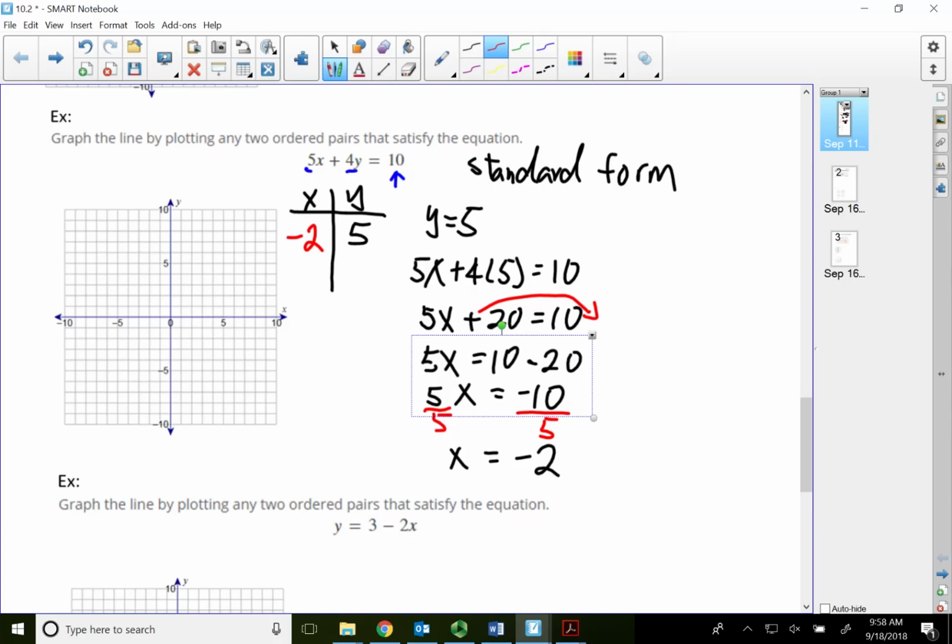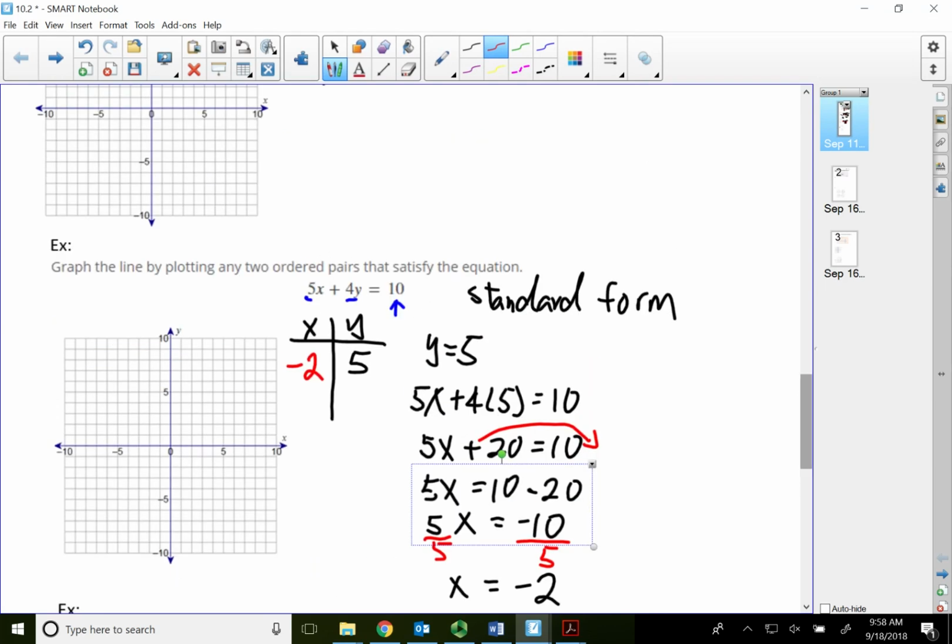All right, I need another number. Okay, Mr. Chen, what do I pick? Well, we know we've got to pick for y because the number in front of x can go into the 10. So I pick a number for y. What number do I pick for y? Anything divisible by 5.